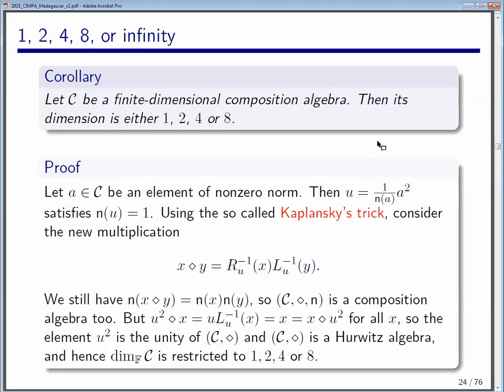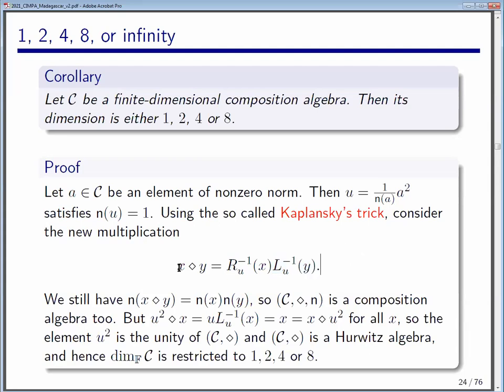Since the norm of u is 1, the left multiplication by u, because of the multiplicative property of the norm, is an isometry. The right multiplication by u is an isometry. So I'm applying isometries here and here. So the norm of this element is the same as the norm of x, because the map that I'm applying preserves the norm. The same happens here. The norm of this element is the norm of y, because I'm applying an isometry.